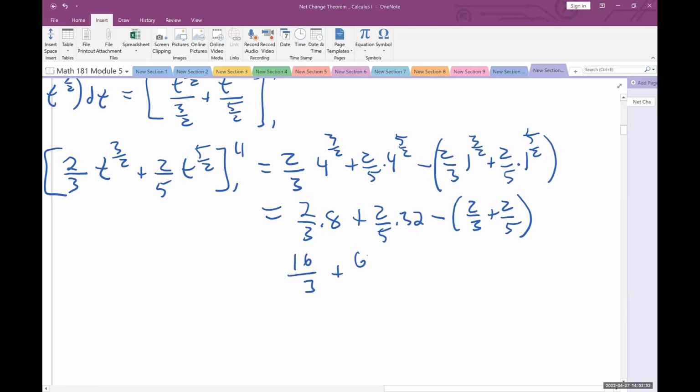plus 64/5 minus 2/3 plus 2/5. Does it clean it up at all? It should be minus 2/5. 16/3 minus 2/3 just gives us 14/3. Doesn't do a lot for us. 64/5 minus 2/5 gives us 62/5. Still doesn't do a lot for us, so I guess it's multiplying by 5 over 5, and by 3 over 3.